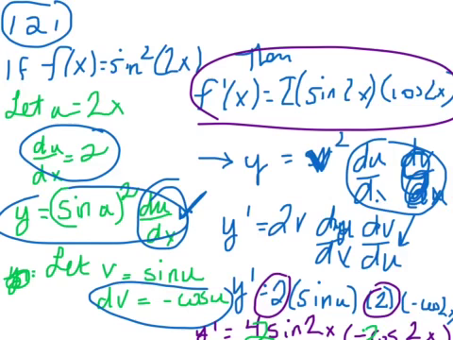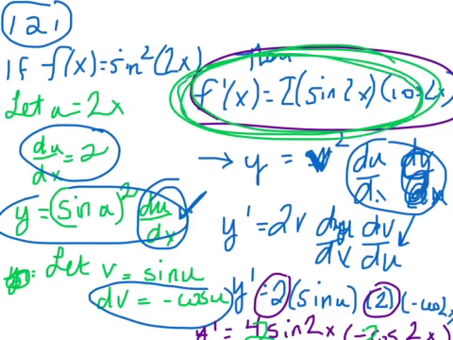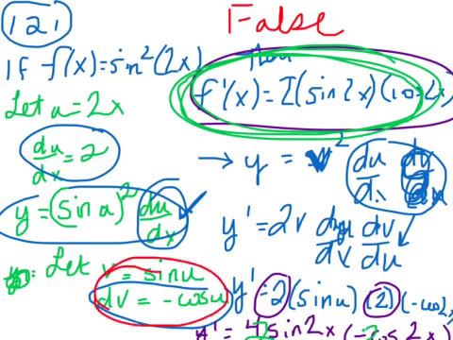This would match what we wanted up here that I'm circling, except that we got a negative on it. So the answer here, and this does agree with the answer key, is false because that negative is messing it up. It would come out to be that, except there's a negative there that came in when we took the derivative of sine here. Derivative of sine is negative cosine. That's where the negative got introduced, and so this is also a false answer here. So it was true, false, but anyway.